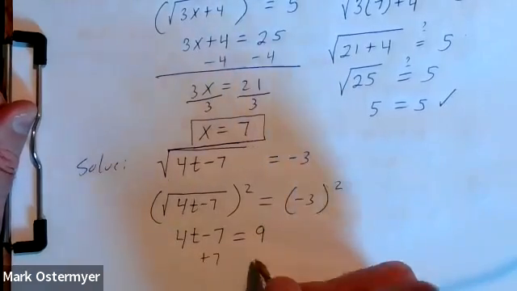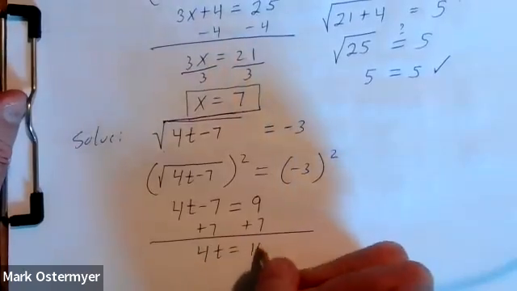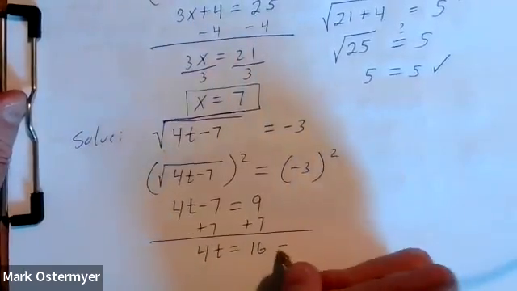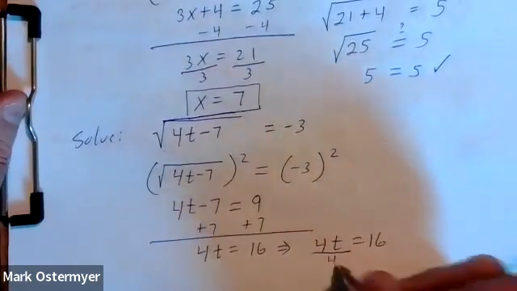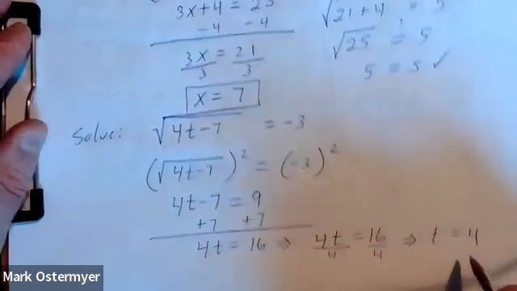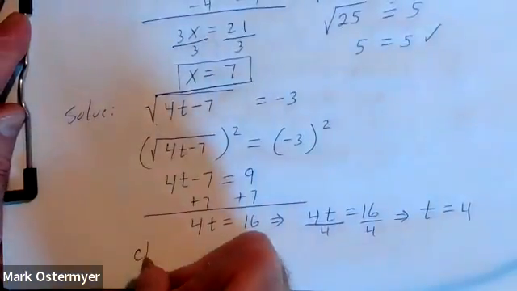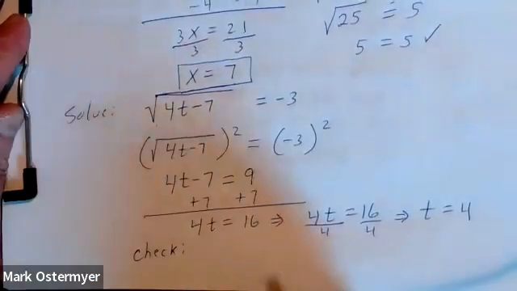Solving for t now, we add 7 to both sides. Divide both sides of the equation by 4. And therefore, we get t is equal to +4. Now we need to check our answer because our equation did have an even root in it. It does have a square root.